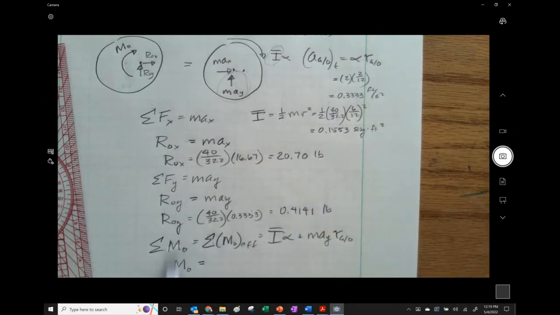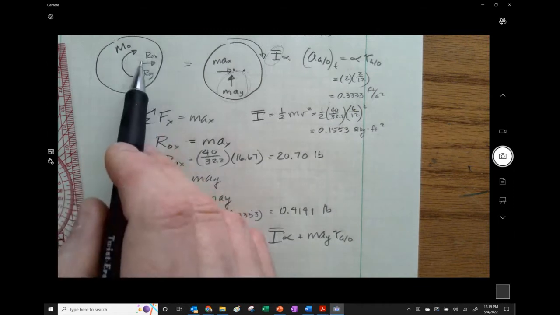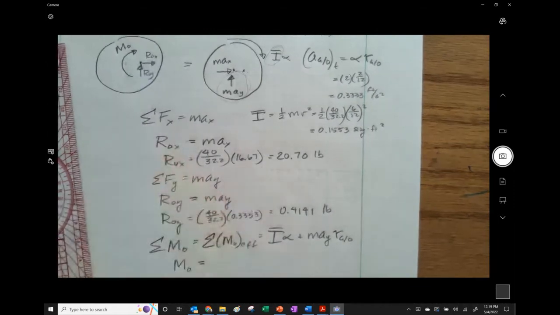And so, on the left-hand side, we had M_O. That's the only thing right here because we're taking the moments about this point. So both of those get canceled out. And on the right-hand side, we have, oh, and by the way, these should be negative, if we're going to use the convention that we usually do. 0.1553, and we have the alpha we were told, so that's 2.